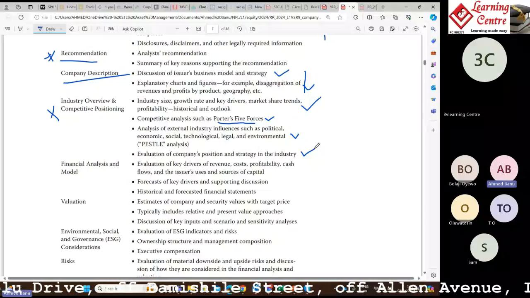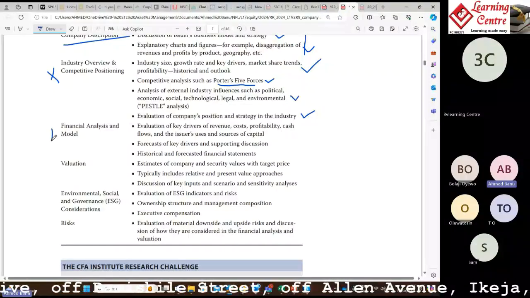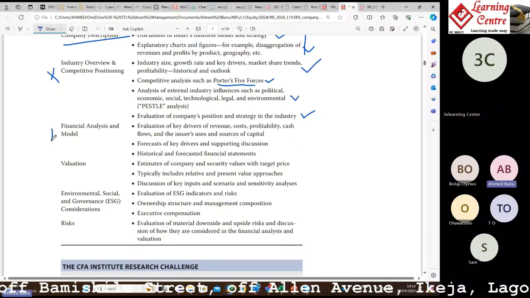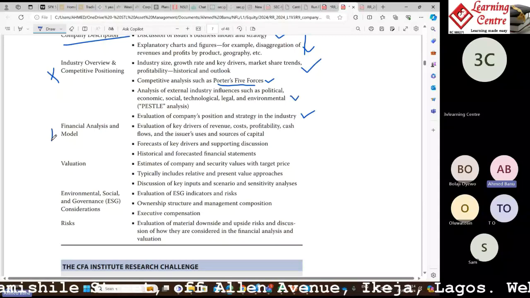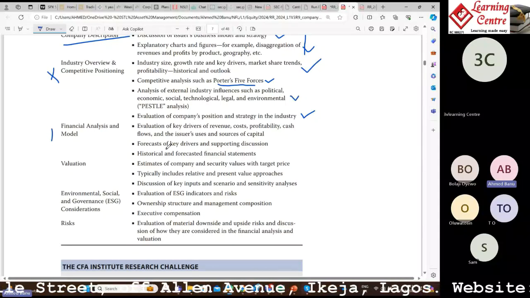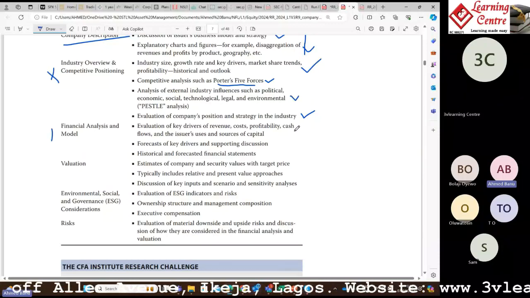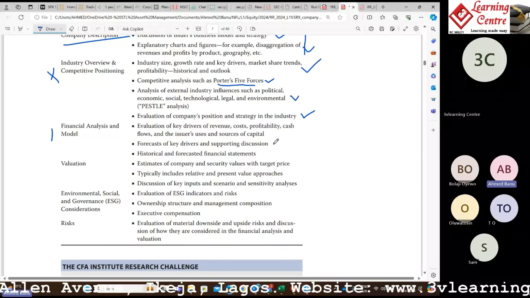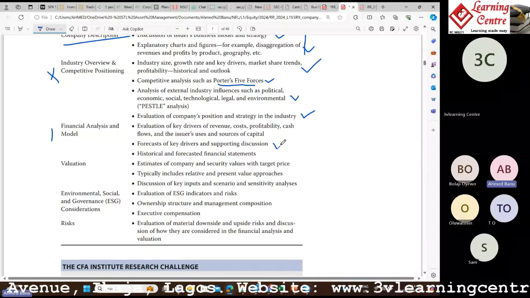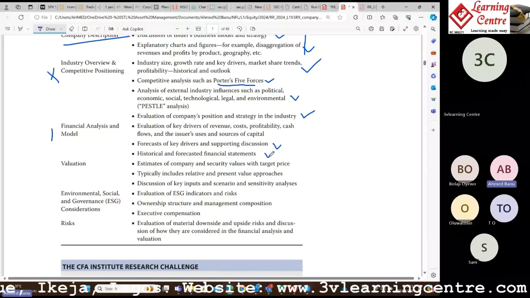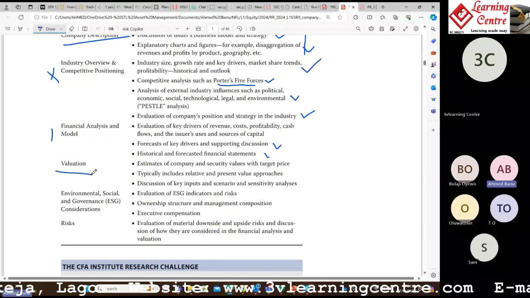Now we move to the financial analysis, where you punch the numbers, where all the things you learned in FRA kick in. So: evaluation of key drivers of revenue and profitability, forecast of key drivers supporting your decision, and historical financial statements. Then your valuation kicks in.